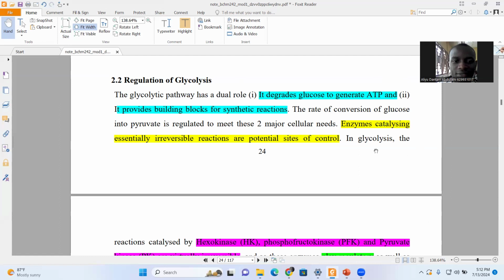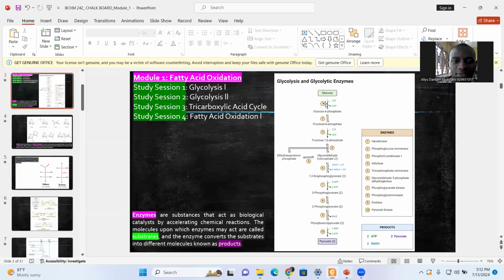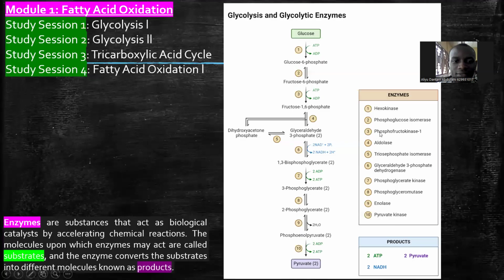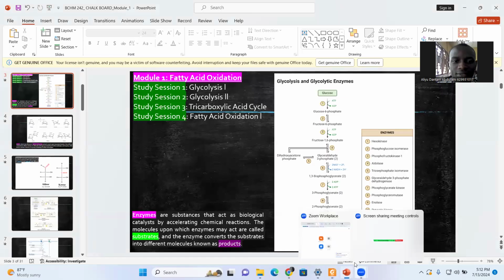So enzymes catalyzing essentially irreversible reactions are potential sites of control, okay? So these enzymes, 1, 3, 10: hexokinase, phosphofructokinase, pyruvate kinase. These are regulatory points in the glycolytic pathway.